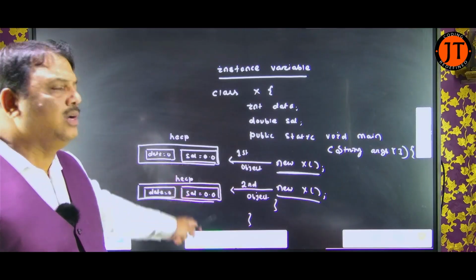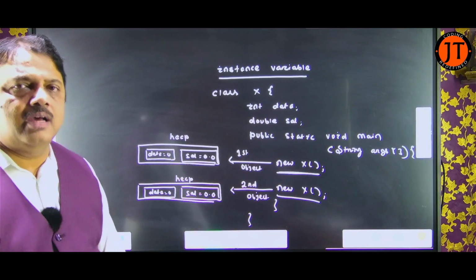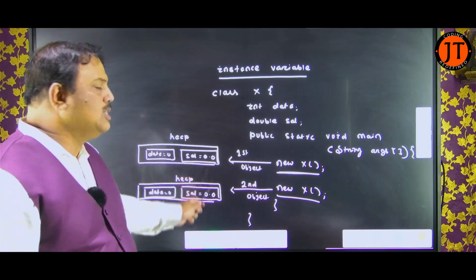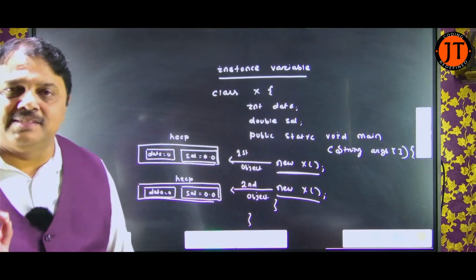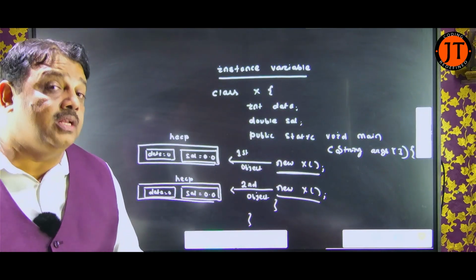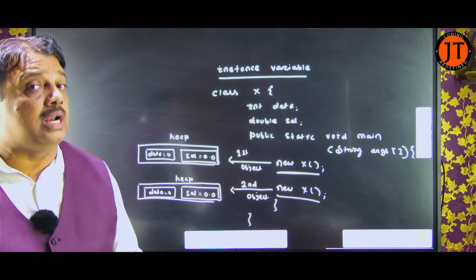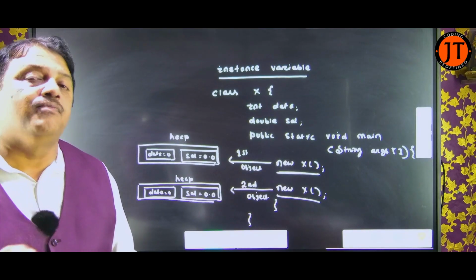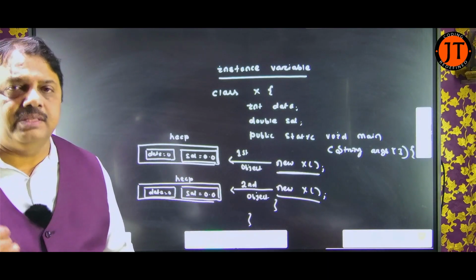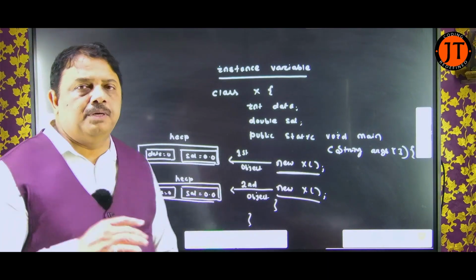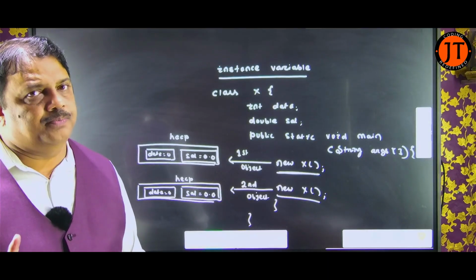The size of the object depends on the instance variables, data and sal. I'm not initializing data, I'm not initializing sal. So at the object creation time, the JVM initializes them through the default value of the data types. The default value of int is 0, and the default value of double is 0.0.